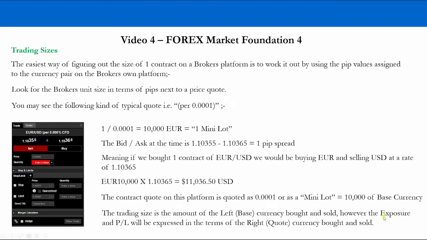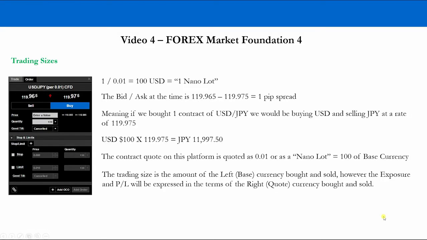Another example, so let's have a look at a lot smaller situation, so a nano lot. If we're looking at dollar yen, for example, we can see that a pip value here is 0.01. So 1 divided by 0.01 is 100 US dollars. And that's equal to what we use in terms of language in the Forex markets. That's equal to 1 nano lot.